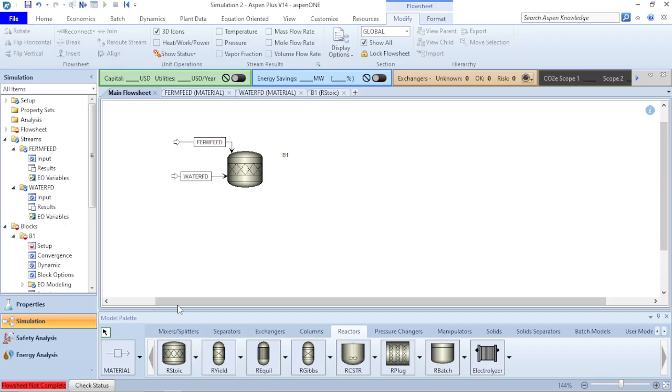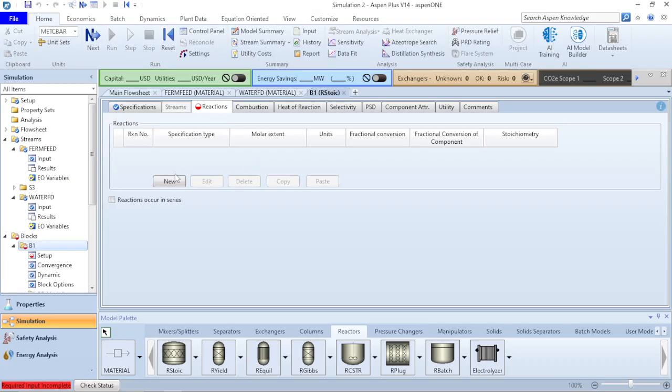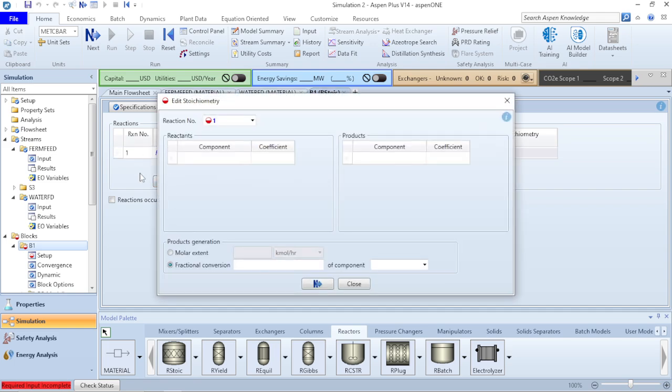All right, so we need our product stream. Okay. Now I can go back and then create a new reaction. All right, so you saw that this didn't come up because my RStoic wasn't complete. All right, so I didn't add the streams, the material streams, both the inlet and the outlet. So that's why that didn't come up.